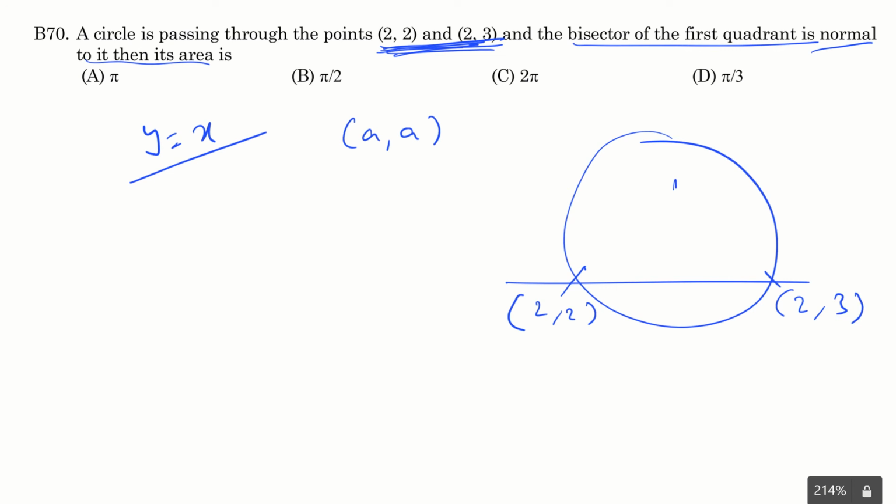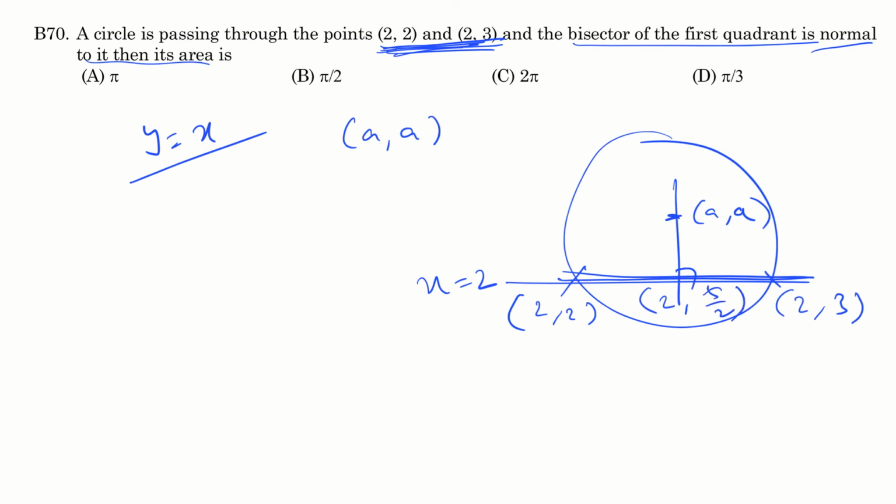We know that the perpendicular bisector of any chord passes through the center. Now you can see that this is nothing but the line x is equal to 2. The midpoint is 2 comma 5 by 2. Therefore, this line is nothing but y is equal to 5 by 2. Therefore, the center is nothing but 5 by 2 comma 5 by 2.